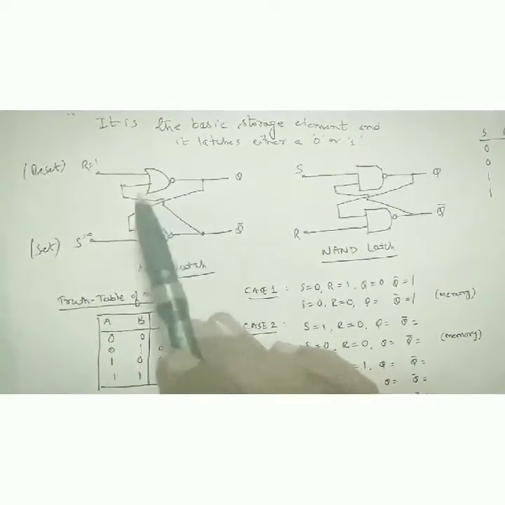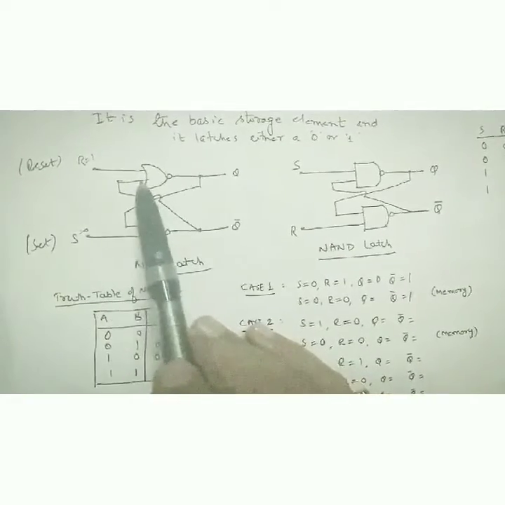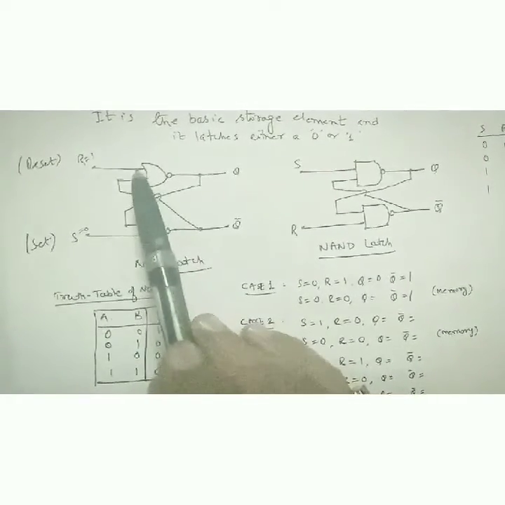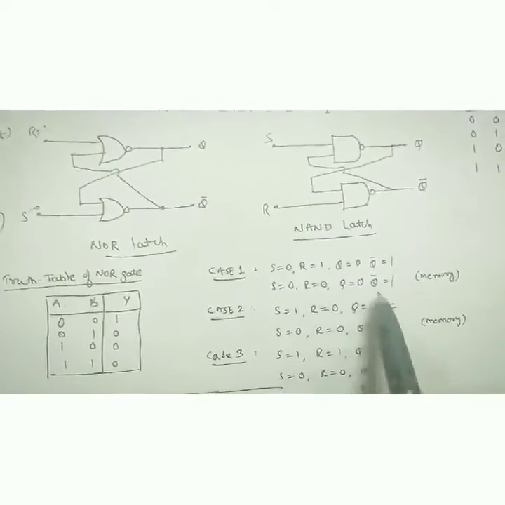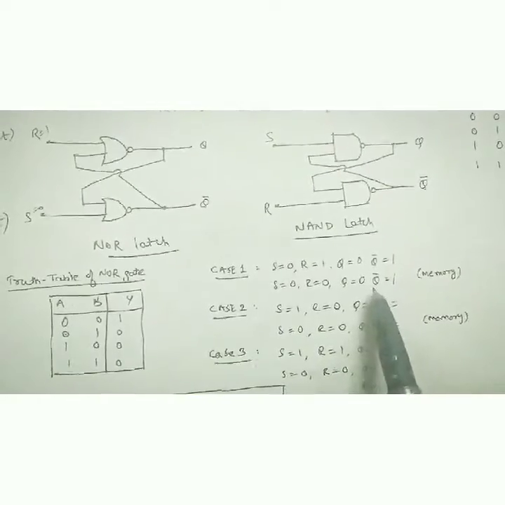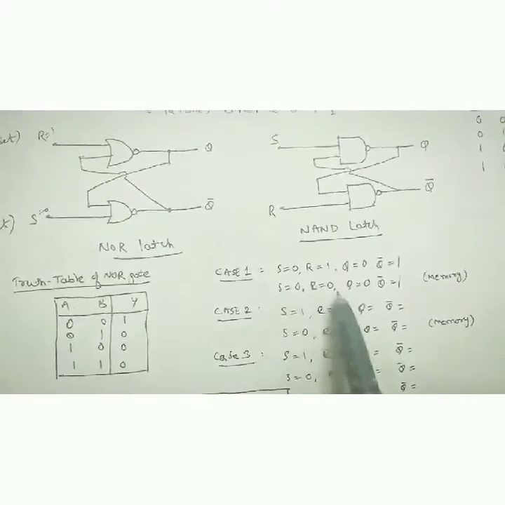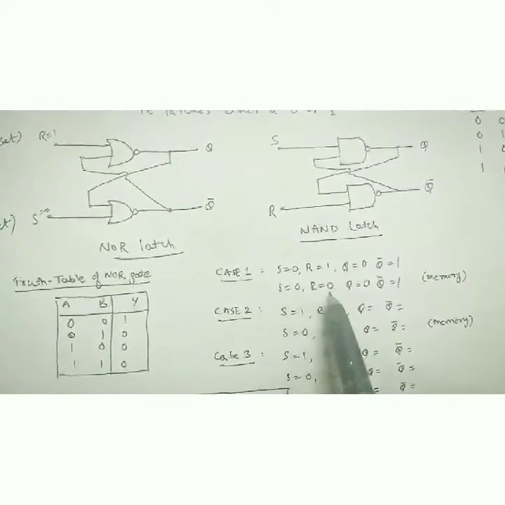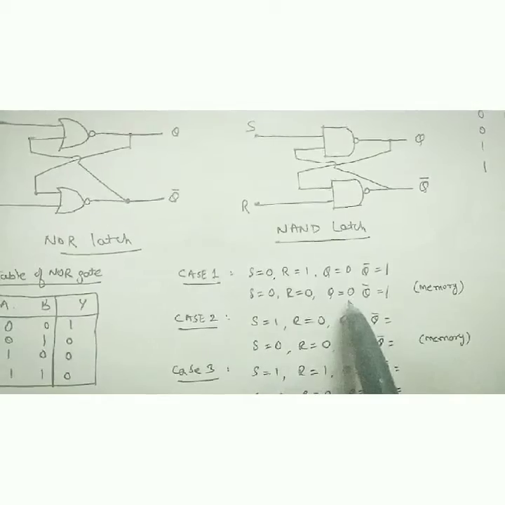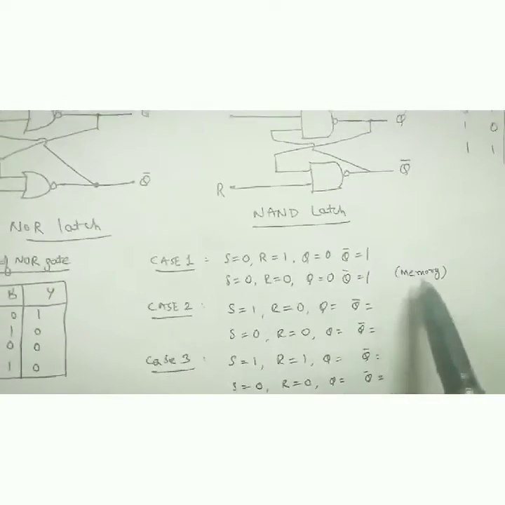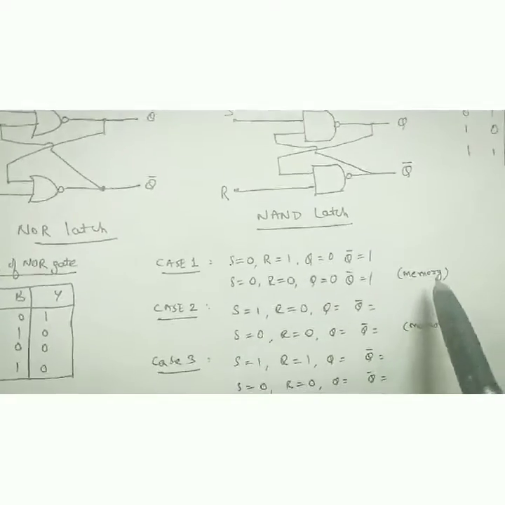This 1 goes from here to here, and when this input is 0 and this is 1, in that case we get Q as 0. So you can see that there is no change when we remove the inputs, or when S is 0 and R is 0, there is no change in the outputs; the output is the same as it was earlier. So this is also known as the memory state, or the no change state.